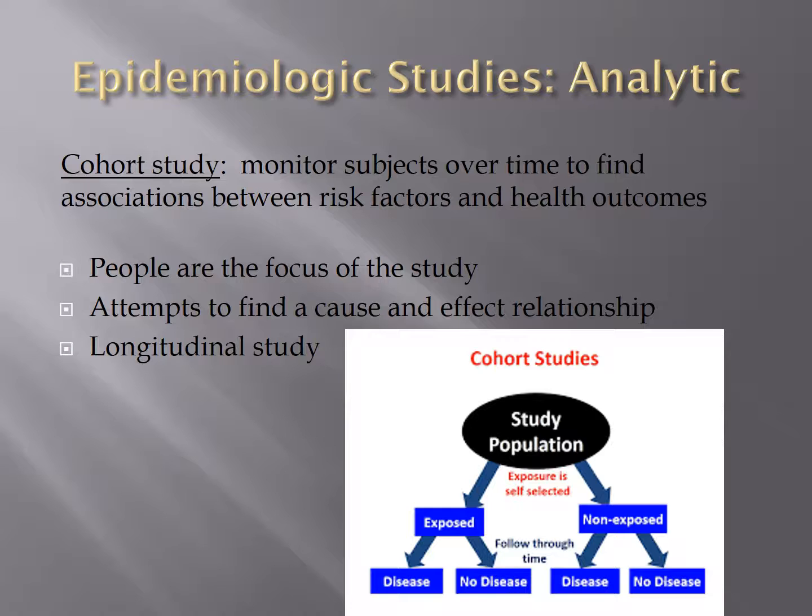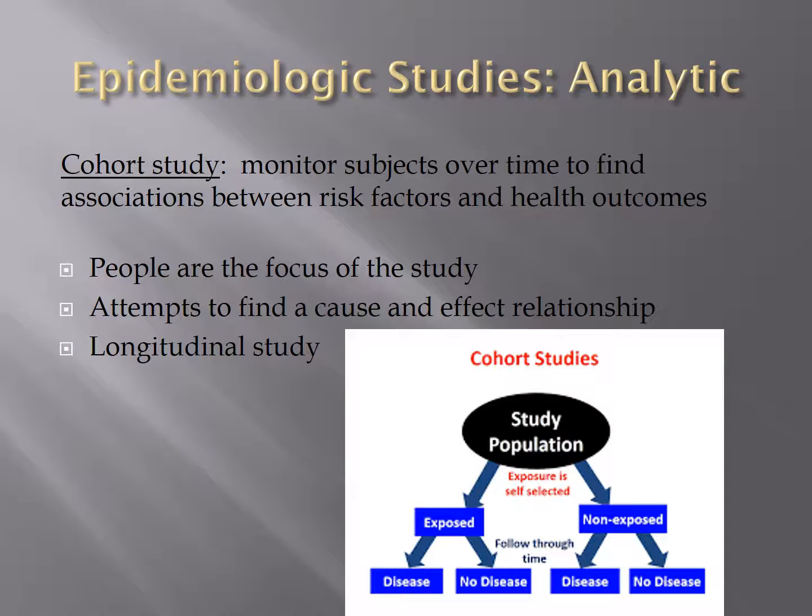The cohort study is also considered a longitudinal study, meaning it occurs over time or the group is followed over time. Here, the cohort will be observed over time to evaluate which variables were associated with the development or non-development of the disease.